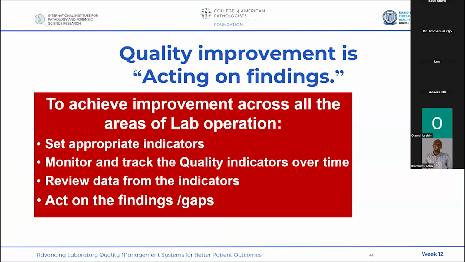So to achieve improvement across all the areas of lab operation, I recommend that you set appropriate indicators. You monitor these indicators that you have selected and track them over time. Review data from these indicators, and then you act on the findings.